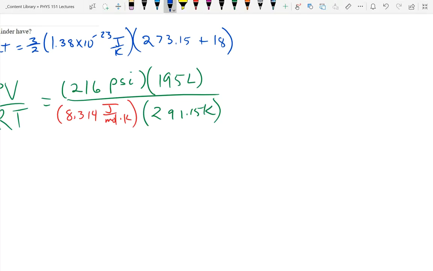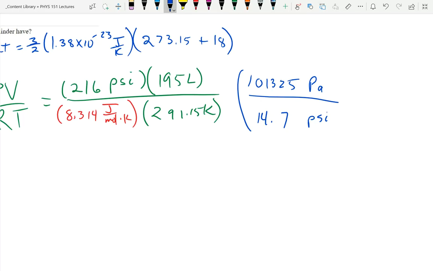Pascals, actually. So I'm going to multiply this by pascals on top and PSI on bottom. And 1 atmosphere is 101325 pascals. 1 atmosphere is, to 3 significant digits, 14.7 PSI.